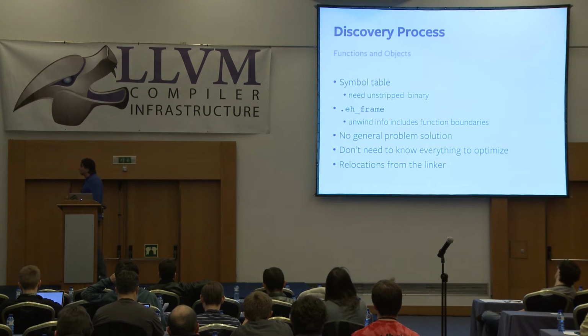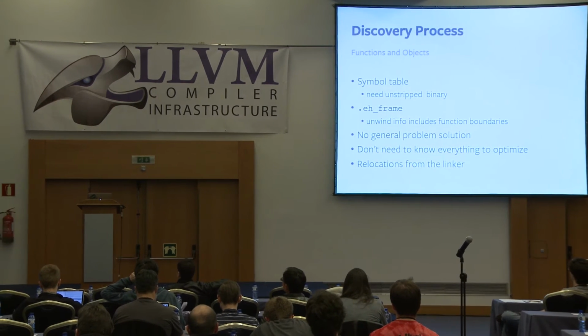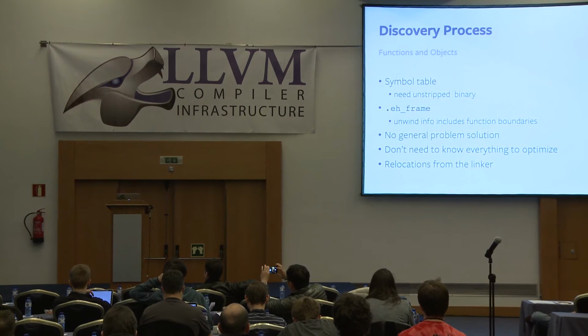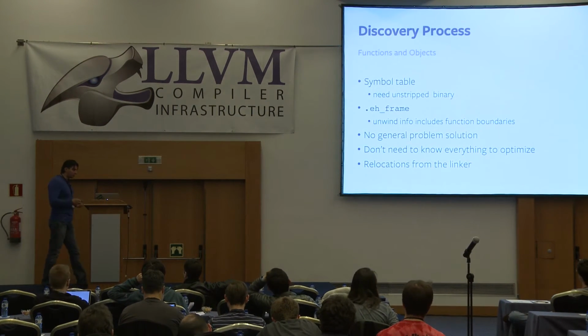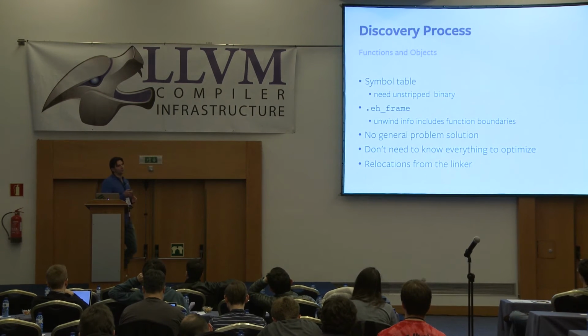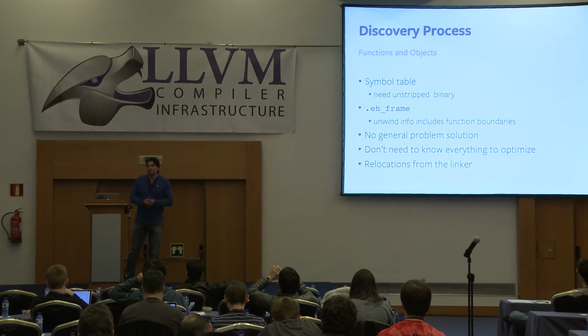There's another source for finding boundaries, and on x64 ELF, it's EH frame. This is unwind information, and it includes the boundaries for all the functions in the binary. Again, sometimes third-party code or assembly code will omit this information.